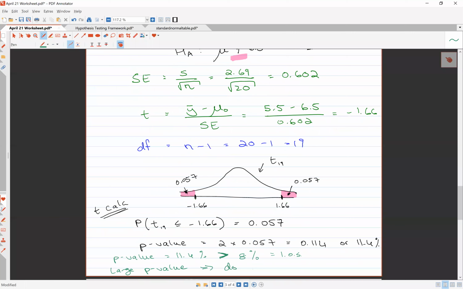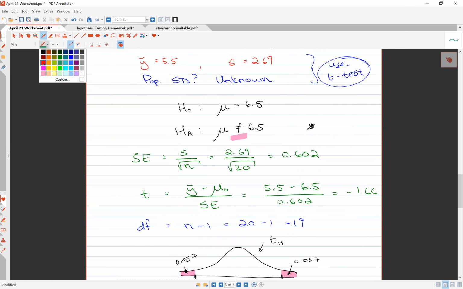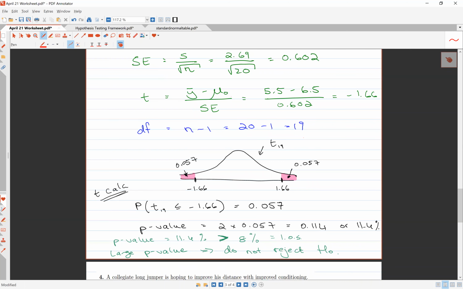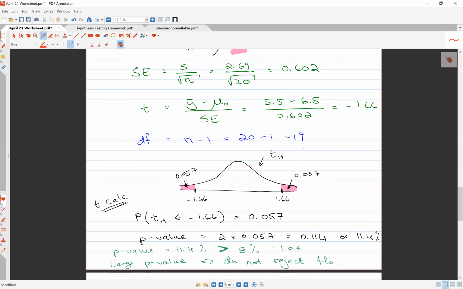And that means there's a large chance that the null hypothesis is true, so I do not reject the null hypothesis. If I do not reject the null hypothesis, this is now what I assume to be true. So my sample evidence suggests, yes, the editors did achieve their goal because the sample evidence is consistent with the average being 6.5 letters per word. So that, I would say, is a good outcome for the editors in this case.